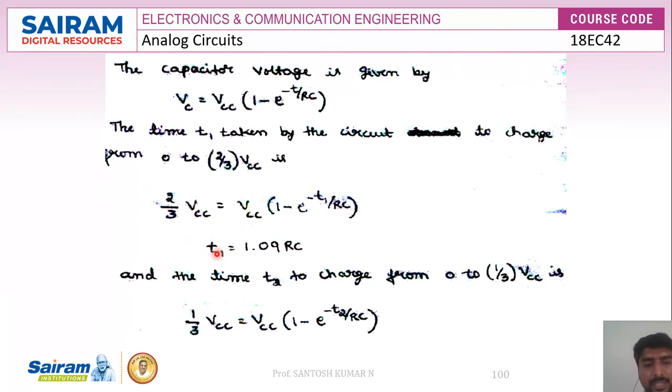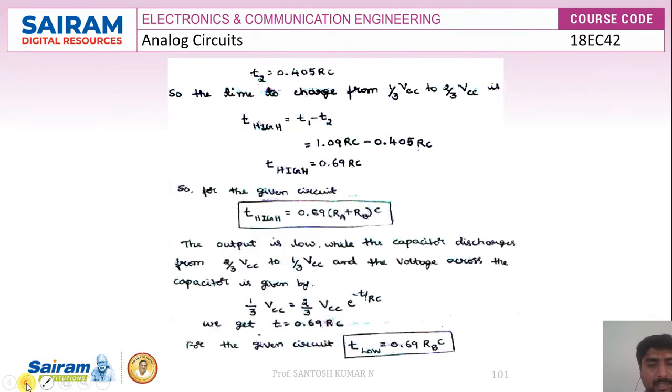VCC and VCC get cancelled, and if we solve for T1, we get T1 equal to 1.09 times RC. Similarly, T2 is the time taken for the capacitor to charge from 0 to one-third of VCC. So one-third of VCC equals VCC into 1 minus e to the power minus T2 by RC. VCC and VCC get cancelled, and we get T2 equal to 0.405 times RC.